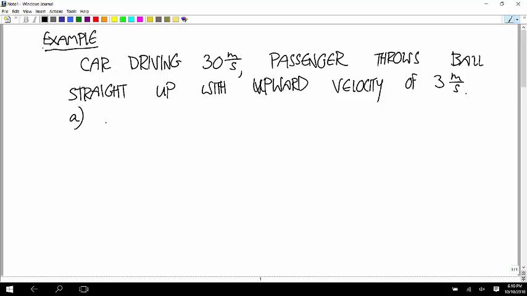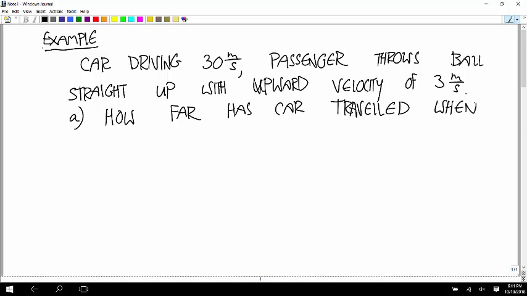So first, how far has the car traveled when the ball returns to the person's hand?